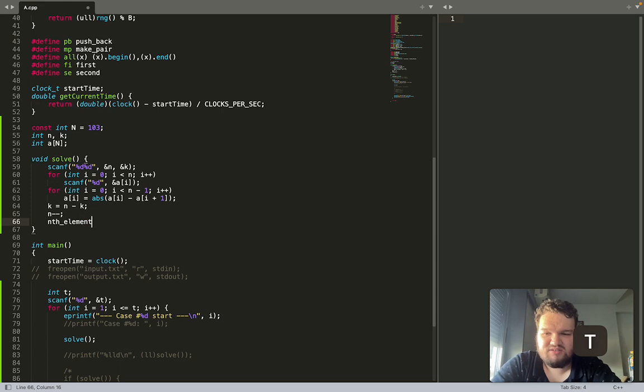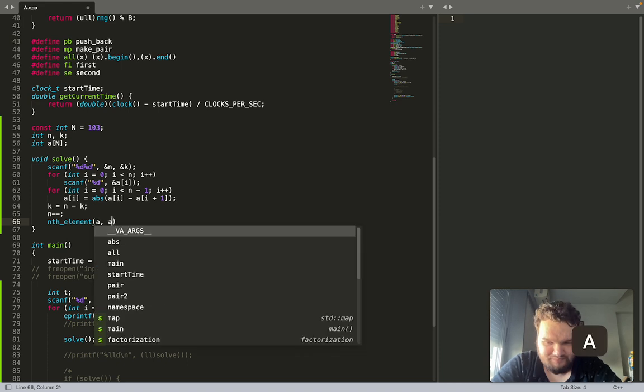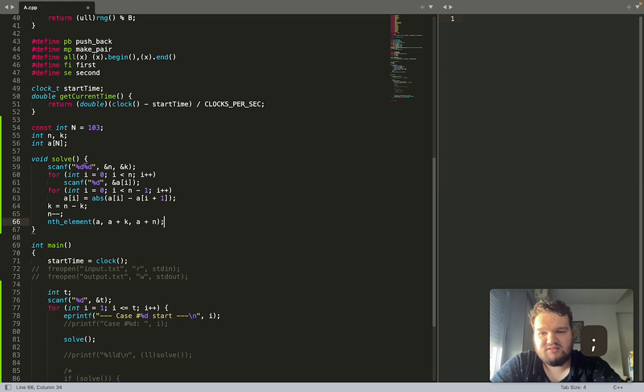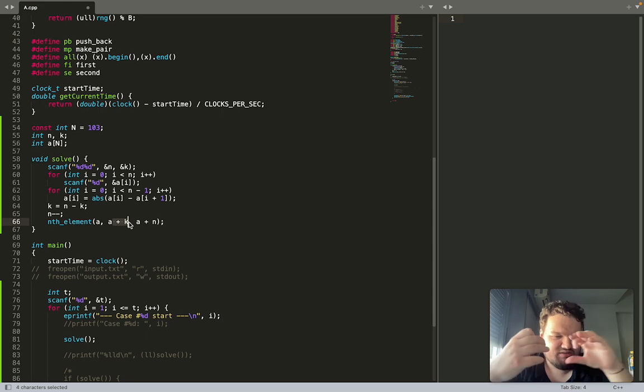use the function nth_element, which will put on this position the element that should be on this position in the sorted order, and all smaller values before it and all larger after. So after we do that, on position k we will have the element that should be on position k, so the k plus first smallest element, and before it will be the k smallest elements.